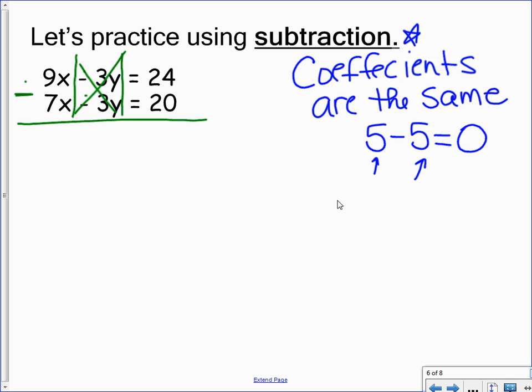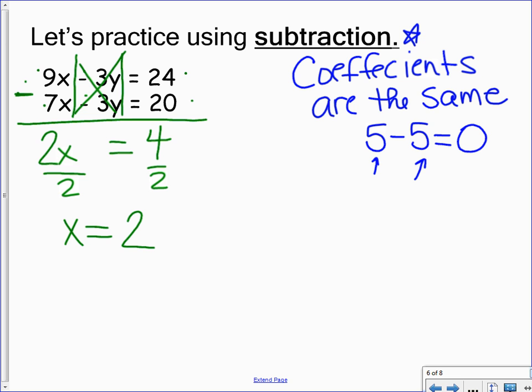Now, let's go ahead and subtract. Those canceled, so now I have 9 minus 7. That's 2x equals 24 minus 20. That's 4. Divide both sides by 2, and I get x equals 2.